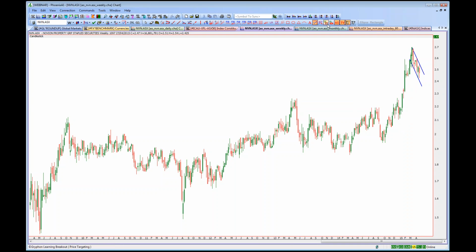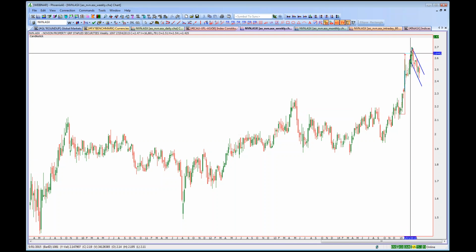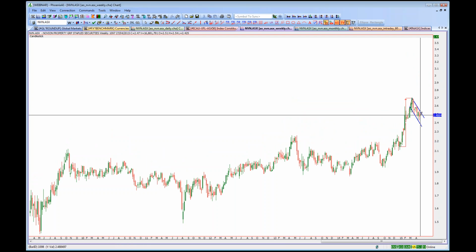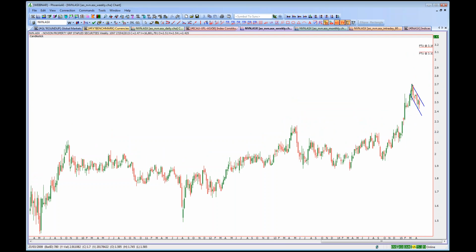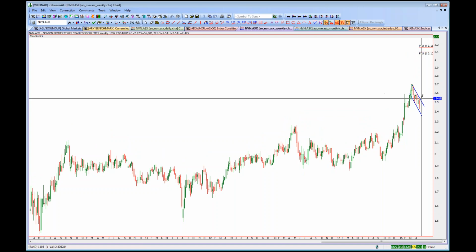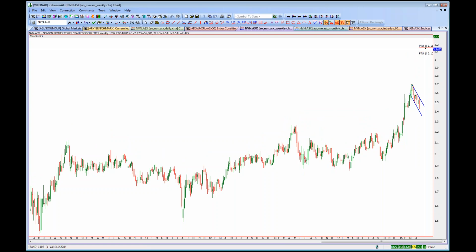Now, of course, a flag's only a flag when it breaks in the direction of its flag. So if this is a bullish flag, you'd be going from down here to the top to its breakout point, roughly, and you'd be looking at a $3 target if this turns out to be a flag. So if it breaks to the upside, this is its upside potential.